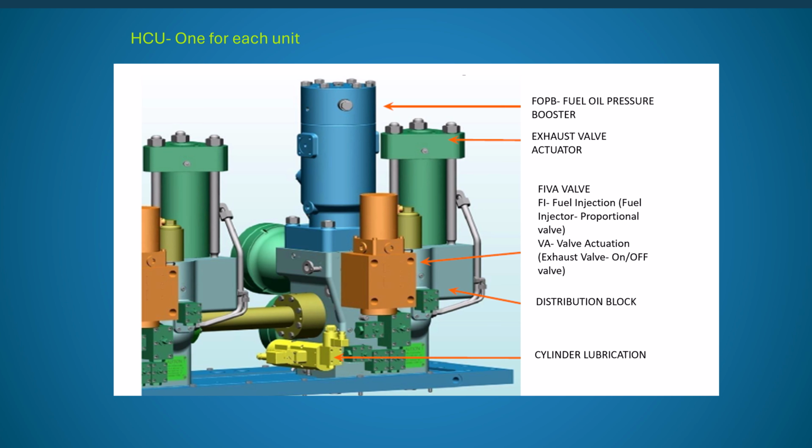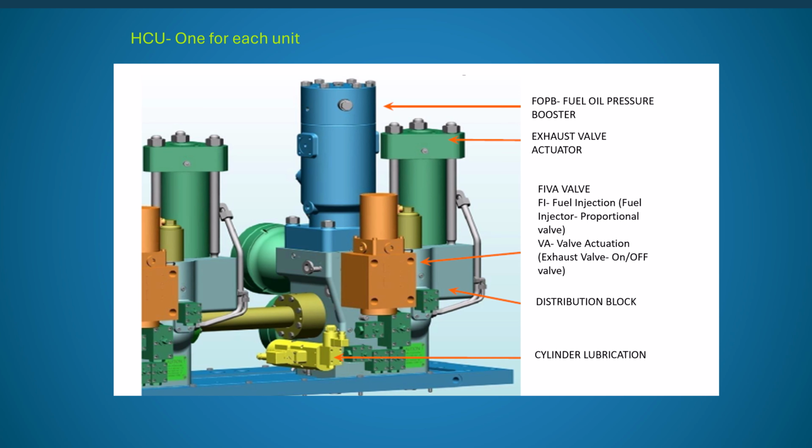This is actually a hydraulic cylinder kind of thing. We call it the fuel pressure booster. This is the one which allows the injection to take place. The whole unit is the HCU.